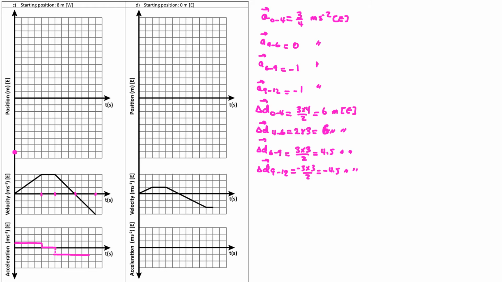That means that after 4 seconds, 1, 2, 3, 4, we move up by 6. So going from negative 8 to negative 2. And then we move another 6. After 2 seconds, we move up 1, 2, 3, 4, 5, 6.